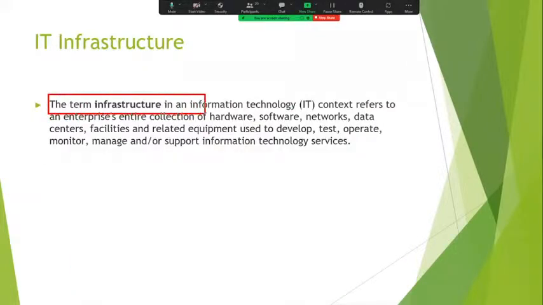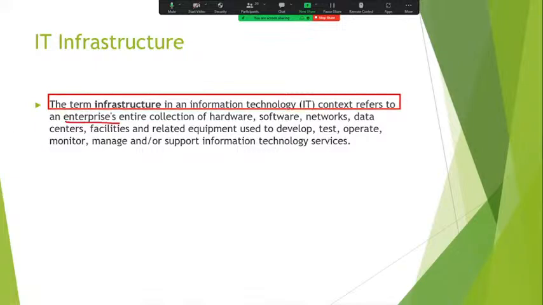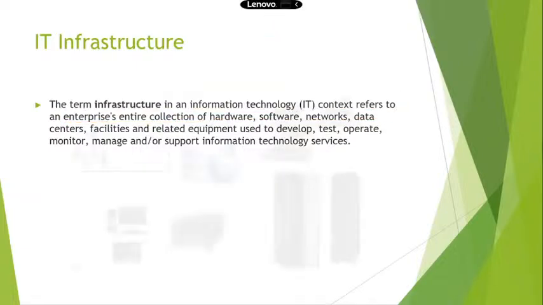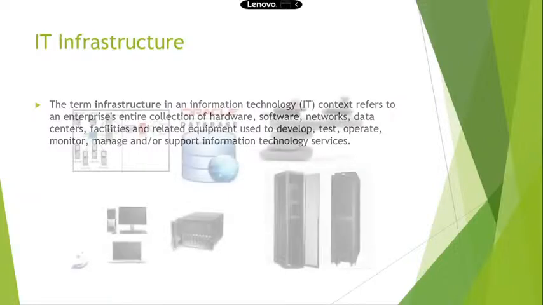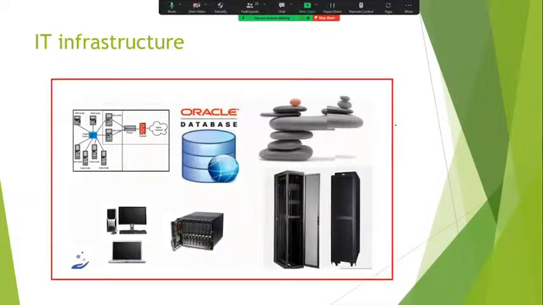This is the exact definition: the term infrastructure in information technology refers to a collection of hardware, software, switches, network, and load balancer. Now, to maintain our own IT infrastructure, we require one DC. What is the DC? Data center. If you go to TCS, Cognizant, Wipro, Accenture, any company in the world, they have their own data center.